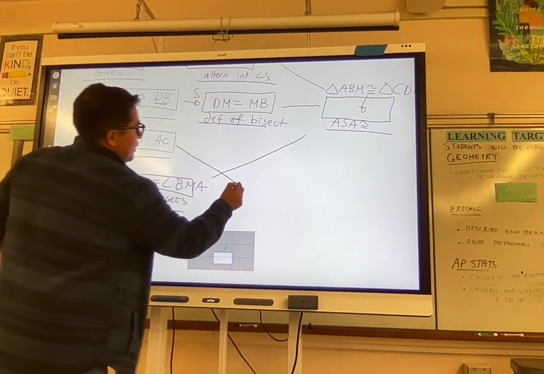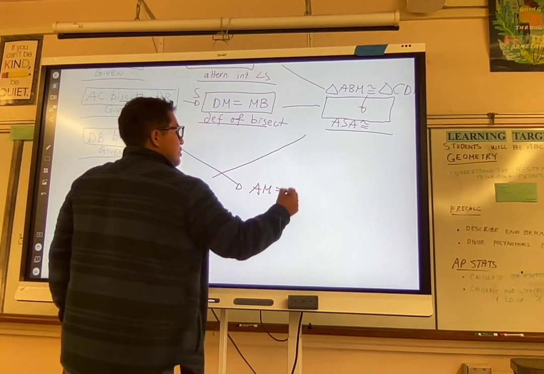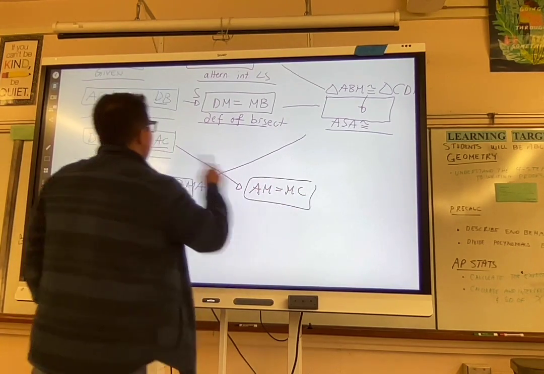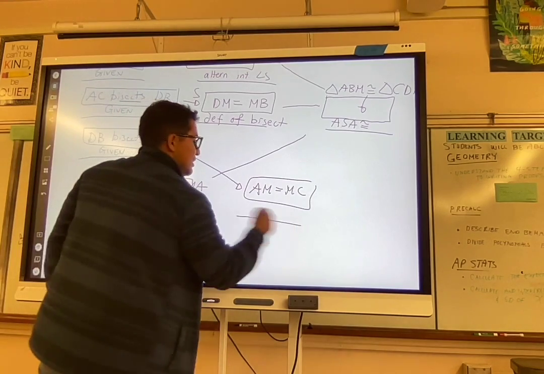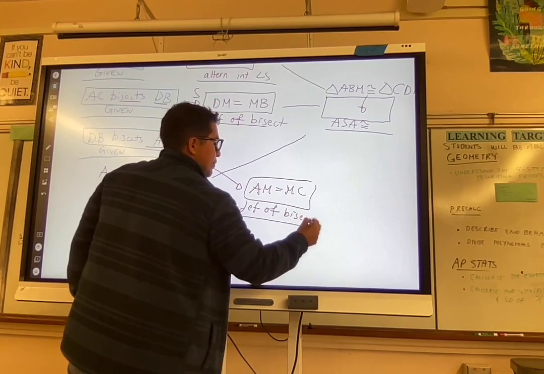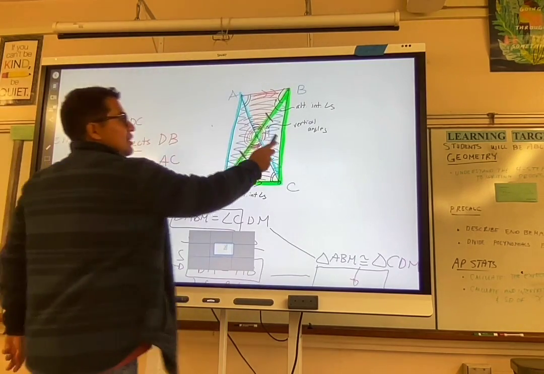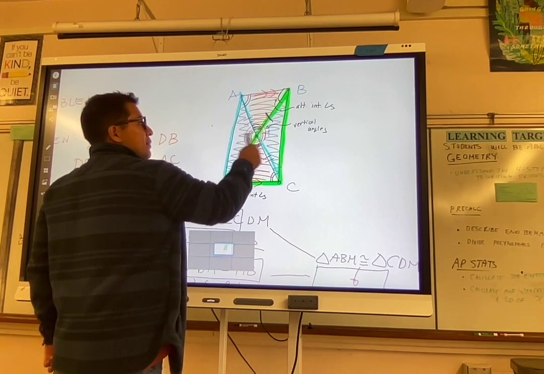Because we know A to M equals M to C because they make up segment AC. That's the definition of bisect. That provides us an S in showing that the left and the right triangle are congruent.